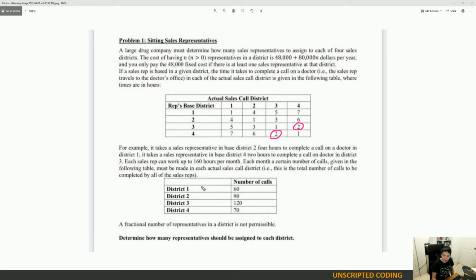Now, as I'm looking at this, I think 1, 1, 1, 1 is a decent solution. You are not breaking the bank. You are not highly inefficient by going 1, 1, 1, 1. But let's start from 1, 1, 1, 1 and see how we can improve it. We have 160 hours per month. If we have 1, we have 100 hours left over.